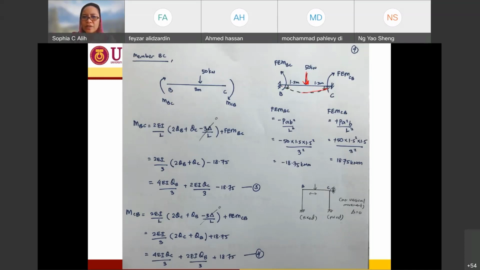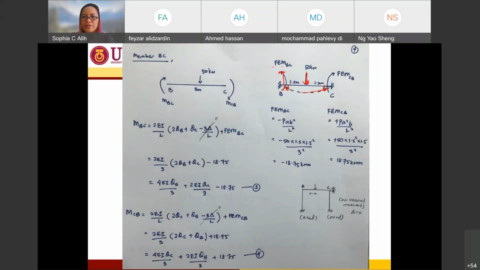deflection. In other words, my theta is going to be here, clockwise direction, and another one here is counterclockwise direction. Fixed end moment, the job of fixed end moment is to push my member back to the original position. So in order to push this member back to original position, I will have my fixed end moment at the opposite direction.